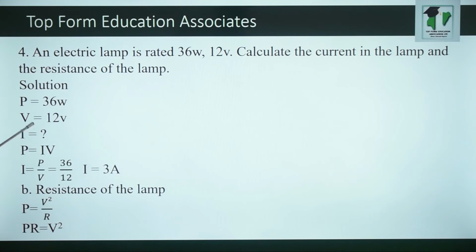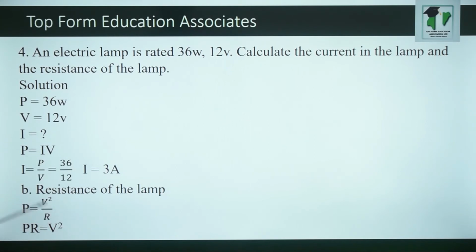So if you look at the values given to us, you have P and you have IV. So I'm using P is equal to IV as the formula. So we want to find I. Now you divide through by what? V. So I is equal to P over V, such that P is 36 watts, the voltage is 12 volts. If you divide 36 by 12, you have 3. So the current here is what? 3 ampere.